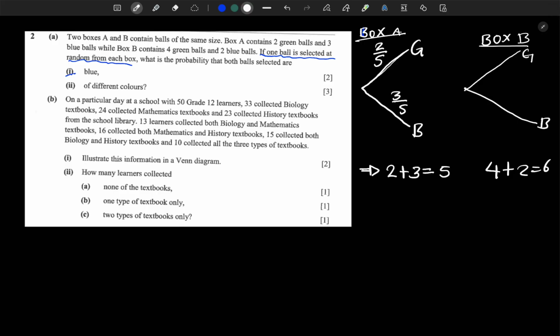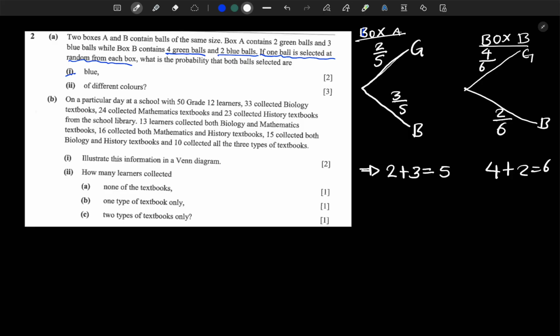From the question we have 4 green balls and 2 blue balls. So green is 4 over 6. What of blue? Blue is 2 divided by 6. So we've come up with a tree diagram for each scenario.